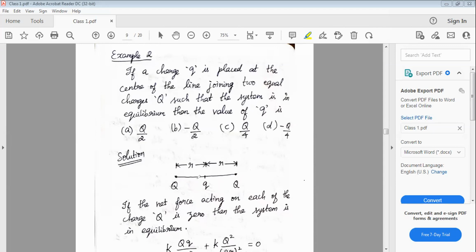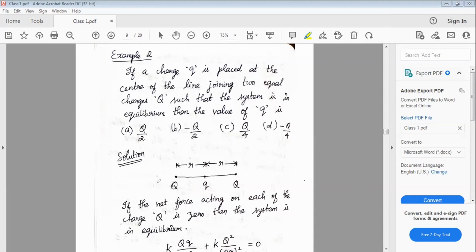So now you have kept this small q charge at the center of the line joining the two charges. Now the entire system is in equilibrium. What is the meaning of this equilibrium condition? We all know very well that there will be a Coulomb force of repulsion between two like charges and Coulomb force of attraction between unlike charges as well.